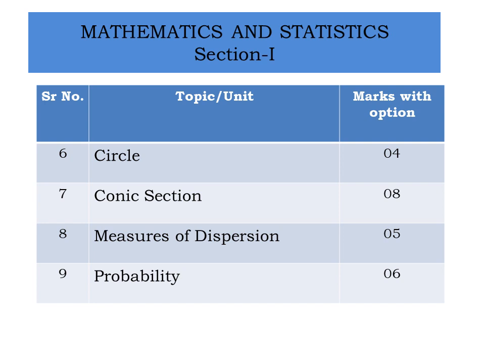Next, the 8th chapter is from statistics. The name of this chapter is measures of dispersion and the weightage of this chapter is 5 marks. In this chapter, we have to calculate range, standard deviation and variance from the given data.